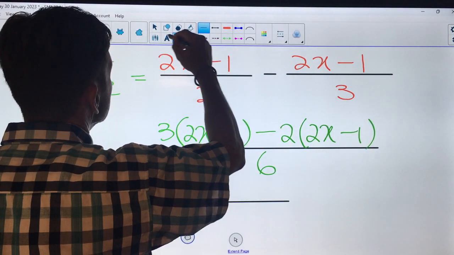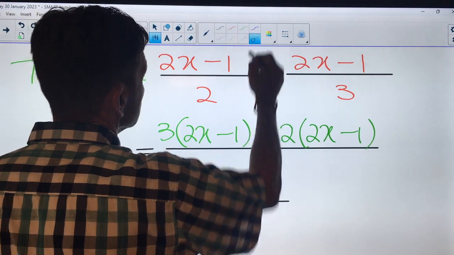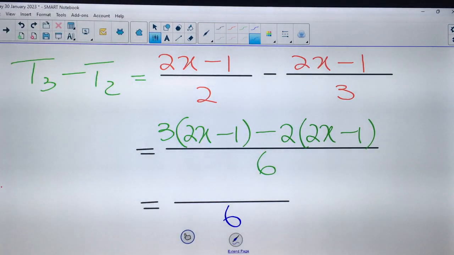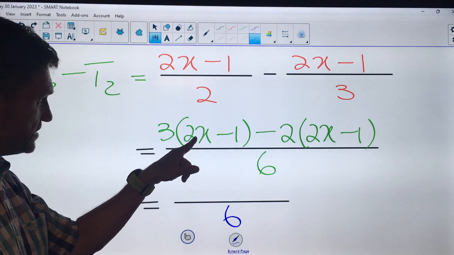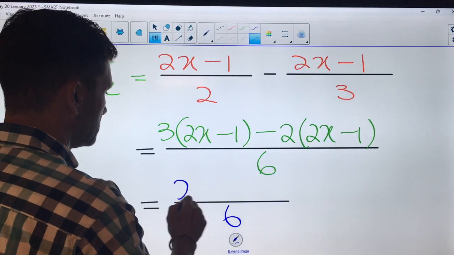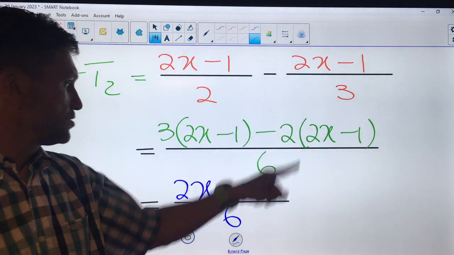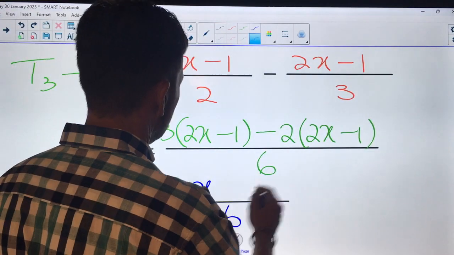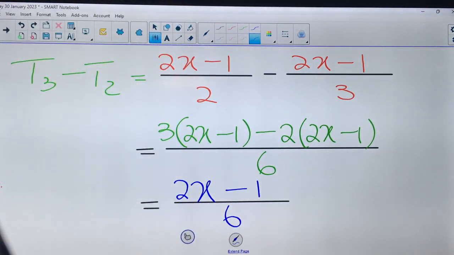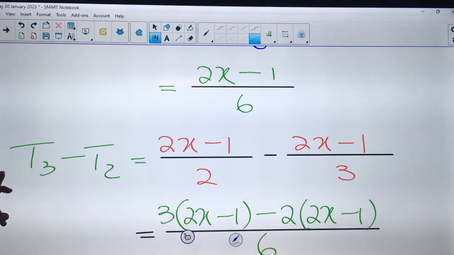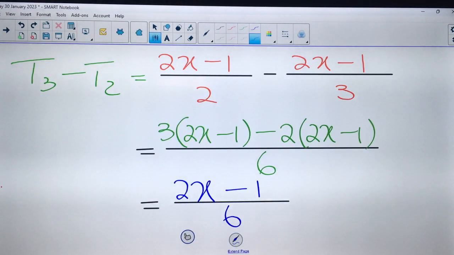So going with this, there's my 6 still. 3 times 2 is 6x, minus 4x is 2x. Minus 3 plus 2 will give us minus 1. Can you see that the two answers are the same? 2x minus 1 over 6, 2x minus 1 over 6.